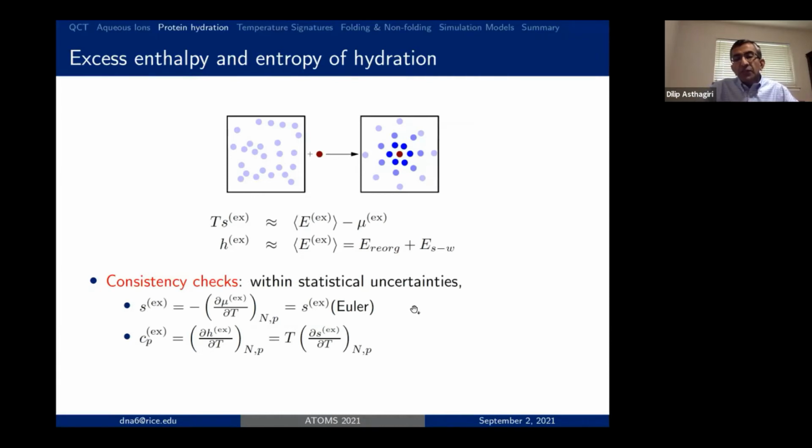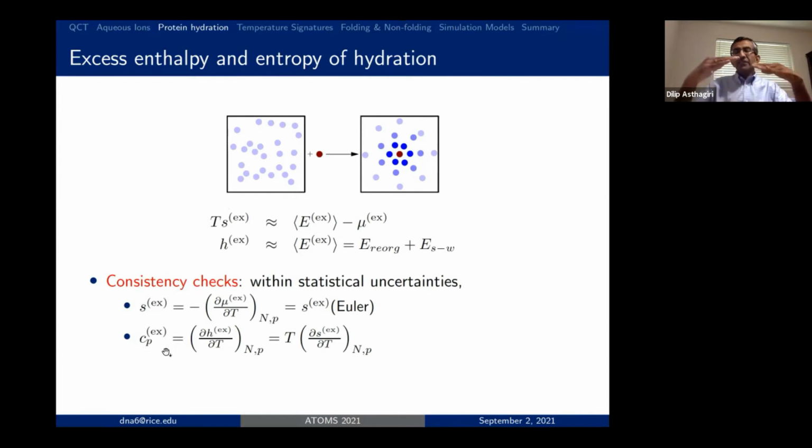And we also make a couple of checks. We can compute this quantity from an excess enthalpy. I can also compute the entropy as a temperature derivative. So I'm going to have a check on my entropy calculations, and likewise a check on my heat capacity calculations.